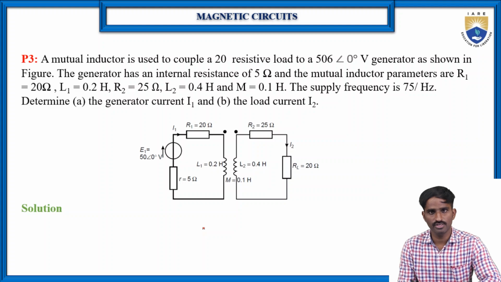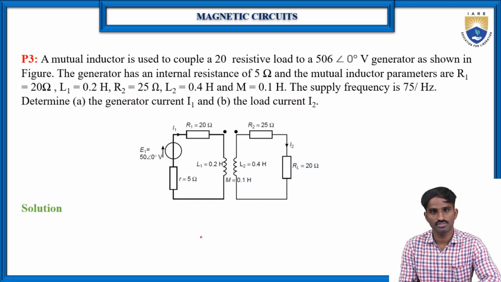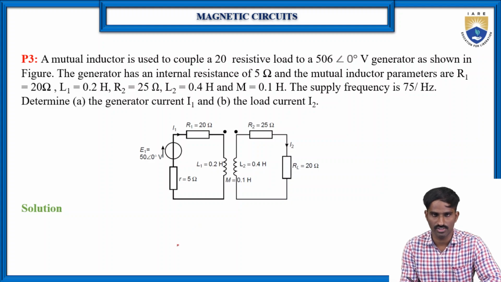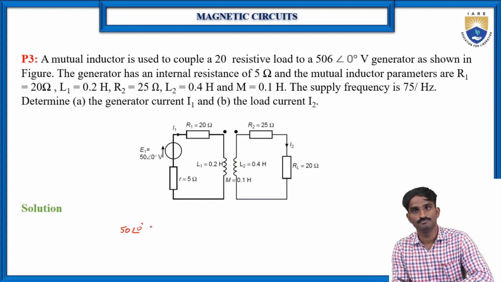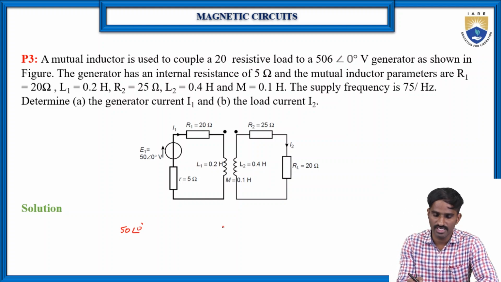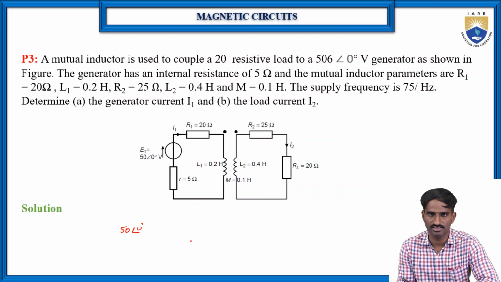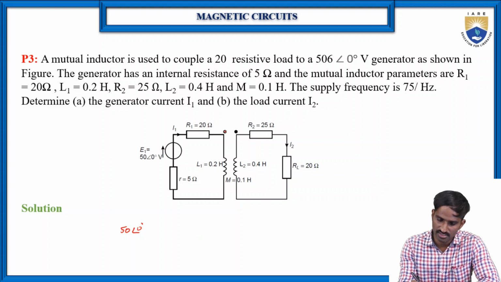First, we need to write the voltage equation with respect to the primary winding, or circuit 1, where the voltage E1 is 50 at an angle of 0 degrees. Before that, we should know the sign of the mutual inductance. There are two dots placed for the primary side and the secondary side.